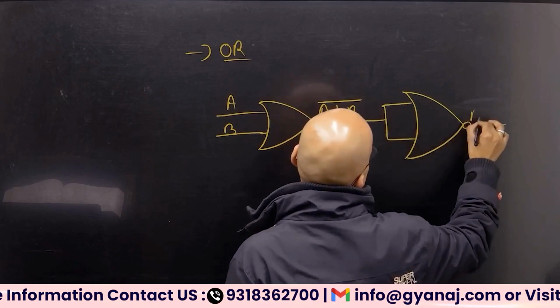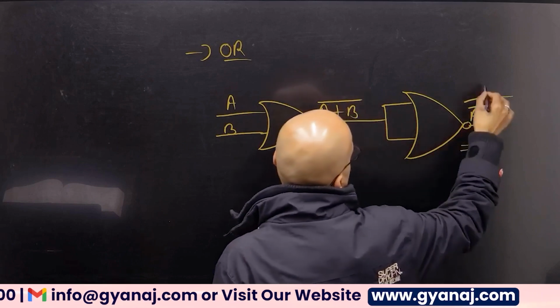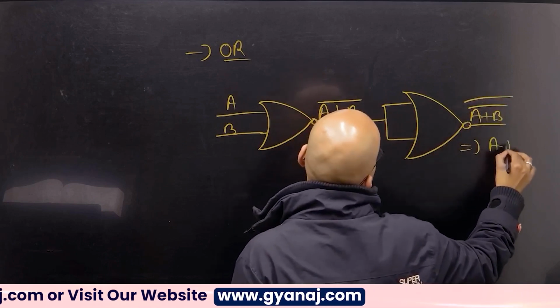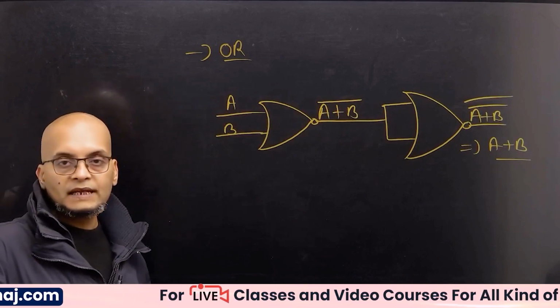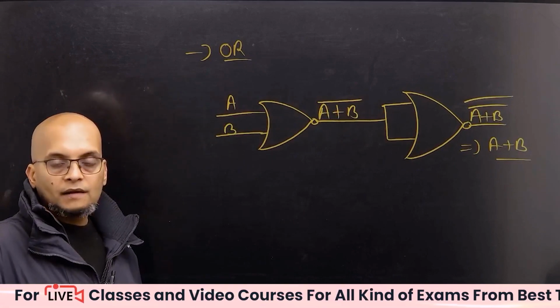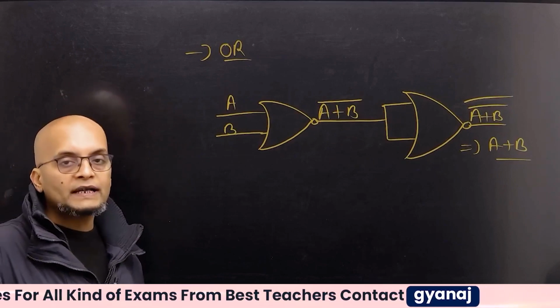So pay attention. A plus B whole complement whole complement. So the double complement will cancel out and you will get A plus B, that is A or B. Clear? So that's the realization of the OR gate with the help of the NOR gate.